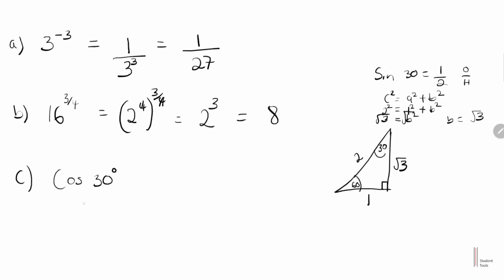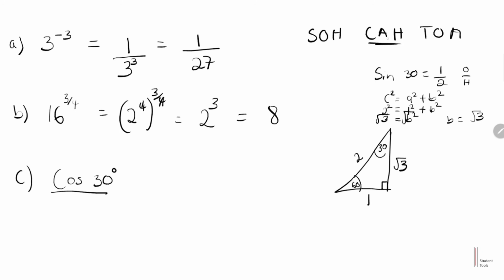And yeah, the question says we're looking for cos 30, not sine 30. So from our triangle, we know that when we want to find the exact value of cos 30, we would have to use this one.